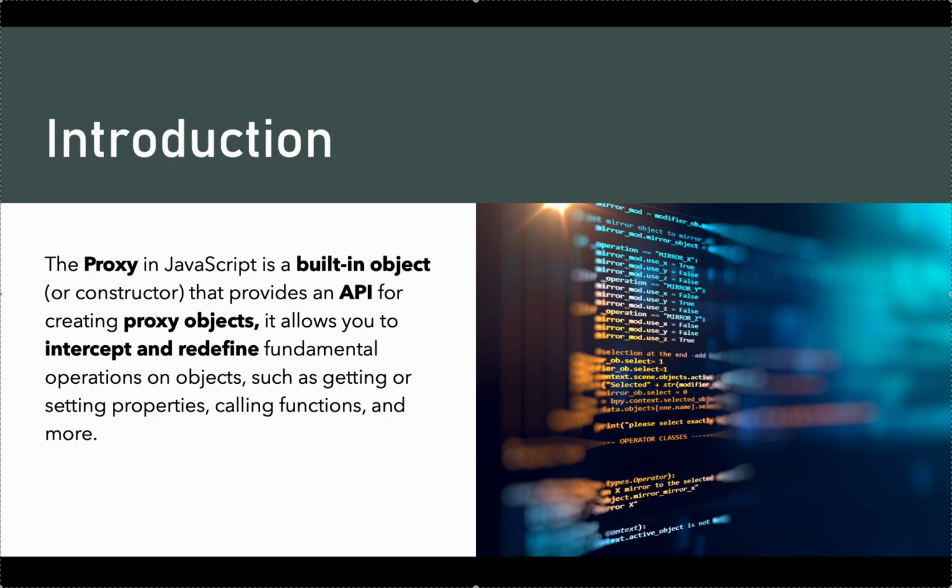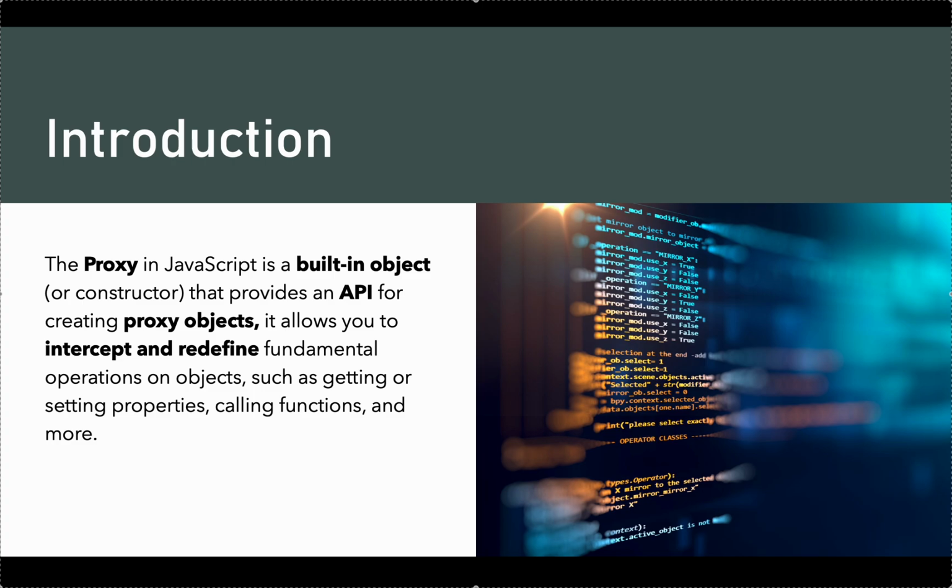Let's say the object is a person with name and age. You want to customize it so that the name always appears in uppercase. You can achieve that functionality by using the Proxy API. You can even add new properties like address by using the Proxy API.